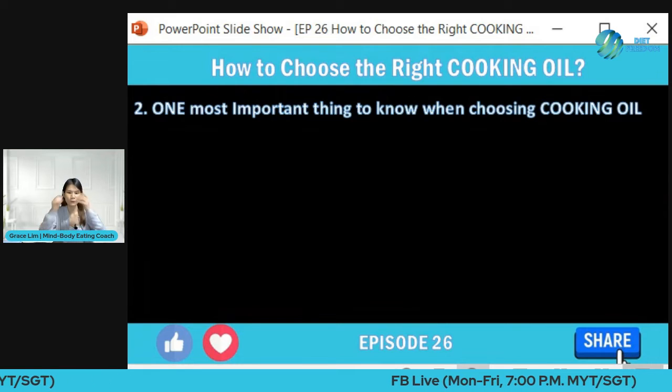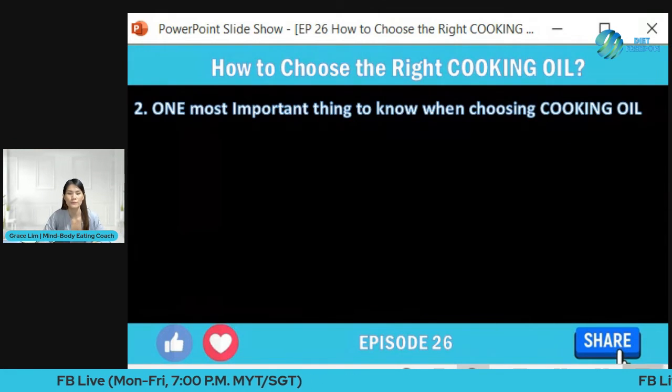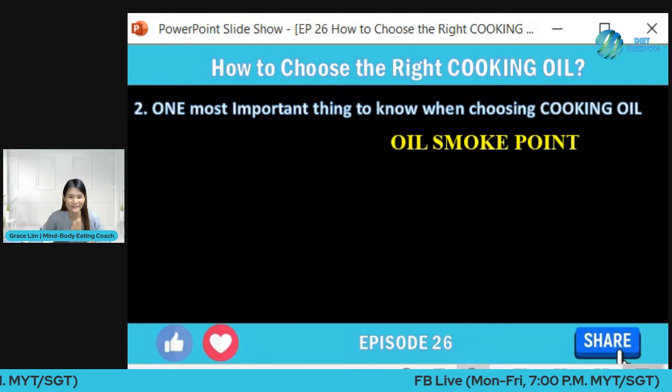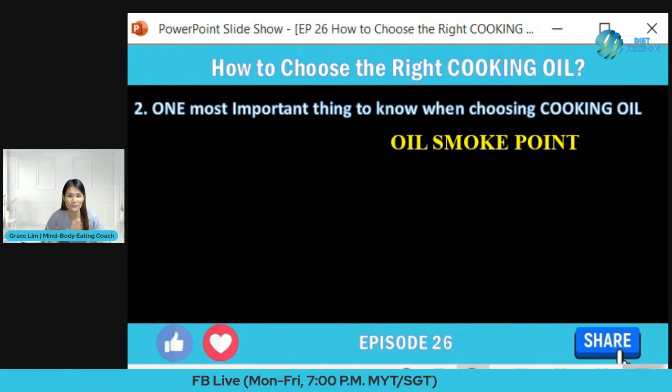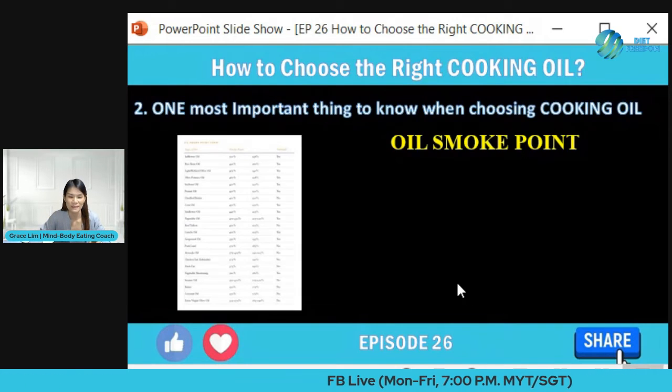And next, I'm going to reveal one of the most important things to know when choosing cooking oil, which is the oil smoke point. Earlier on, I mentioned quite a few times about high smoke point or low smoke point. What exactly is the smoke point itself?